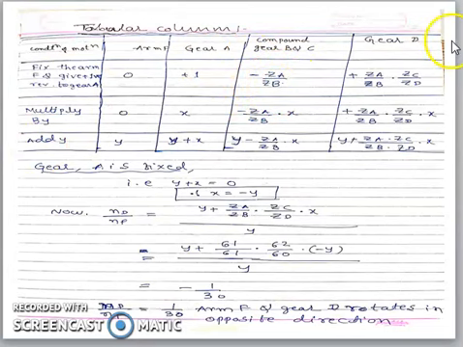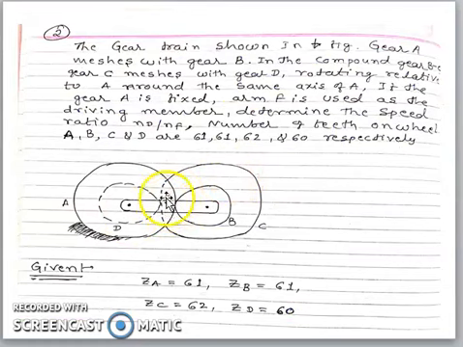Now my aim is to rotate gear D. When you want to rotate gear D, how will it rotate? When gear A rotates, gear B will rotate. When gear B rotates, gear C will rotate.